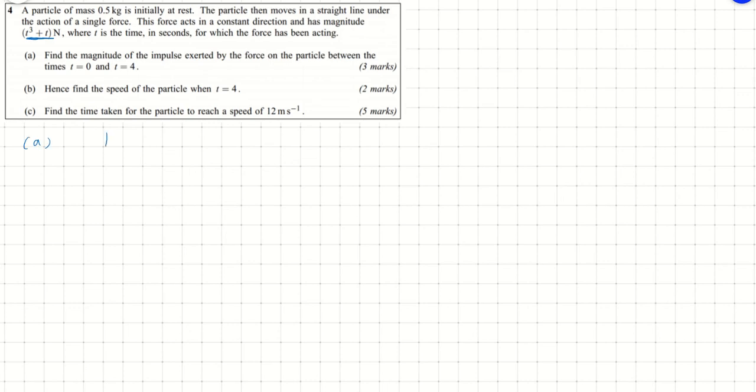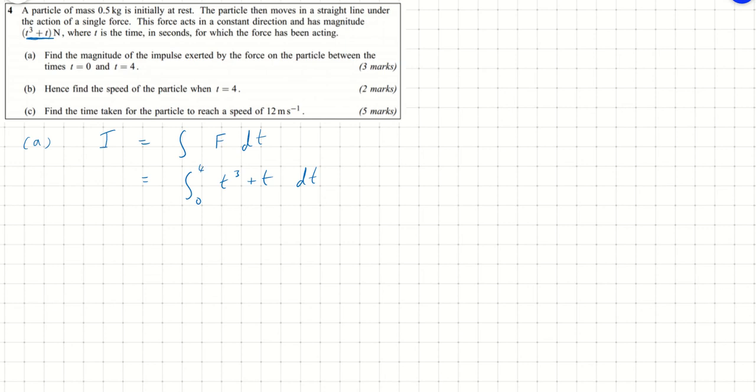So impulse is the integral of force with respect to time. Okay, that's the formula for impulse. In our example, we're integrating the force, which is t cubed plus t, and this force is acting between t equals 0 and t equals 4.